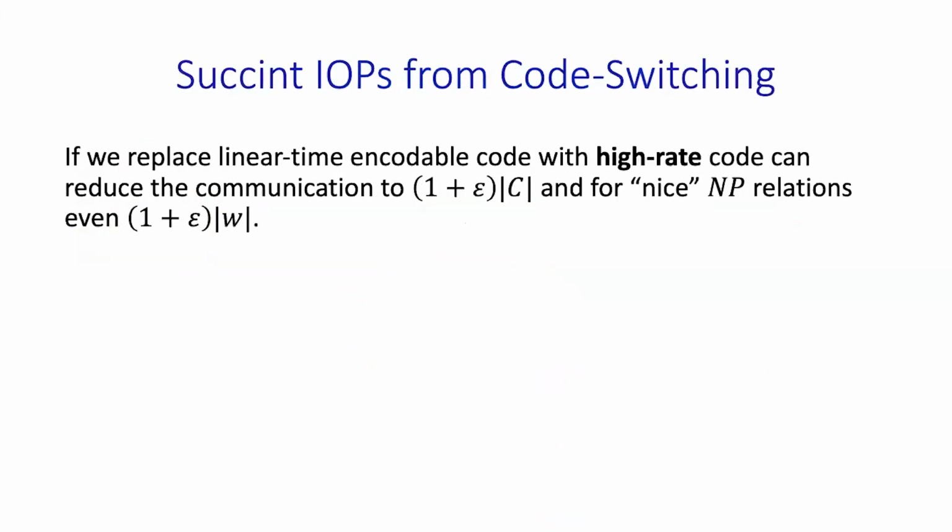One thing I'll briefly mention, nearly out of time, is that if we were to replace the linear time encodable code with a high rate code, meaning a code that has rate approaching 1, we would actually get an IOP in which the communication is nearly equal to the size of the circuit.